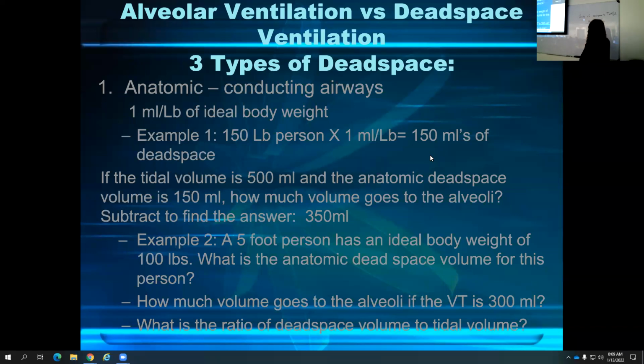So the ratio of dead space to tidal volume, you put the dead space on top and the tidal volume on the bottom. When you divide, you're going to come up with a decimal.